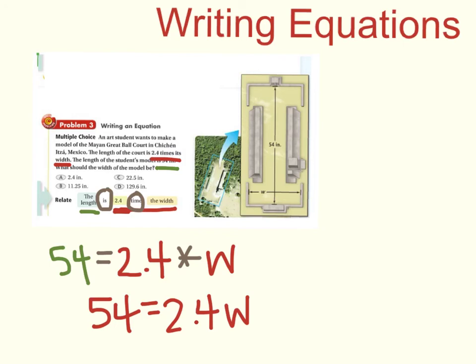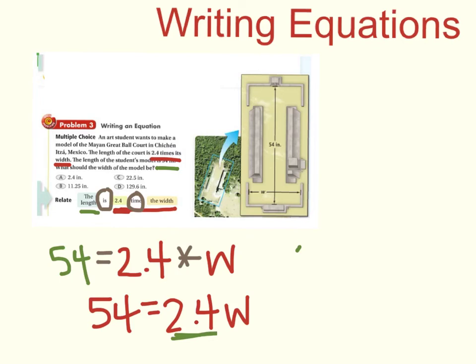And then to solve the actual problem, we need to ask ourselves what number multiplied by 2.4 is 54. It's a little bit more difficult math, but it's still doable. And if you just guess and check, you'd be able to figure it out. Estimating, 2.4 is about 2.5, so between 2 and 3.